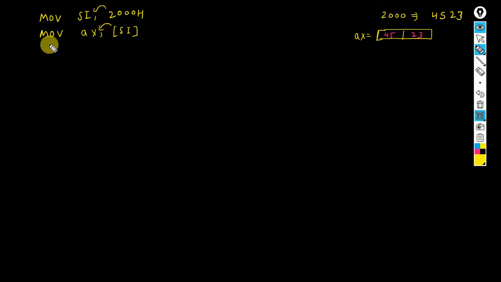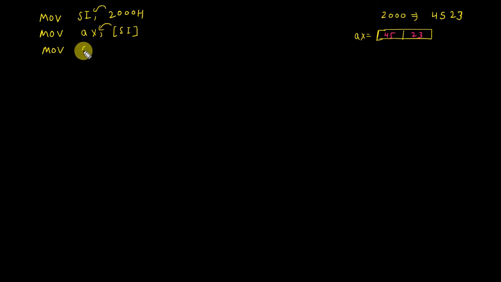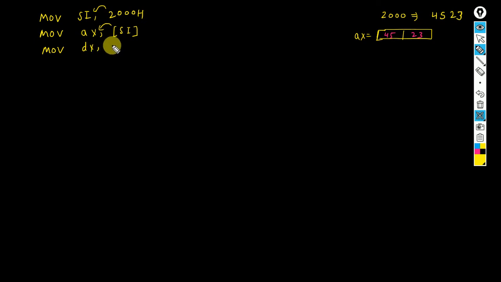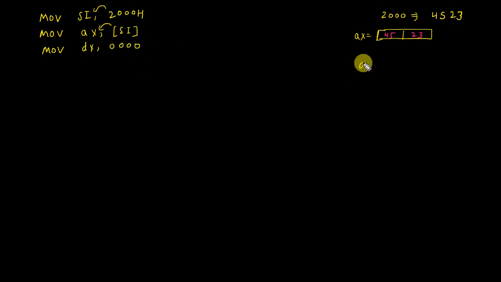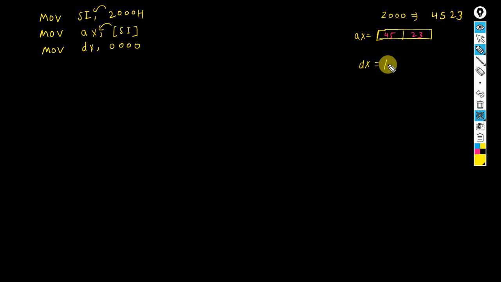Next instruction is MOV DX, 0000. When we execute this instruction, our DX value is 0000.